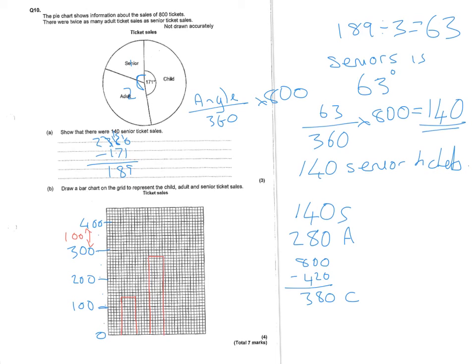And finally, 380 for children. And label them seniors, adults, children.